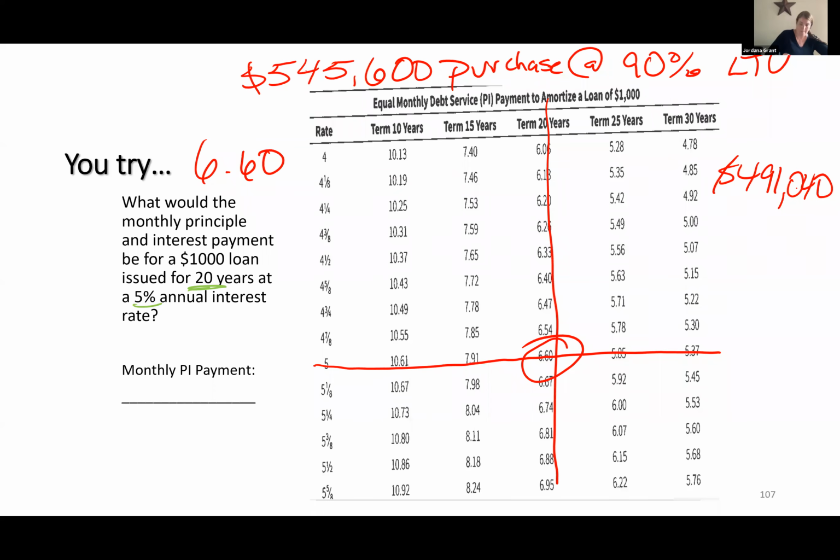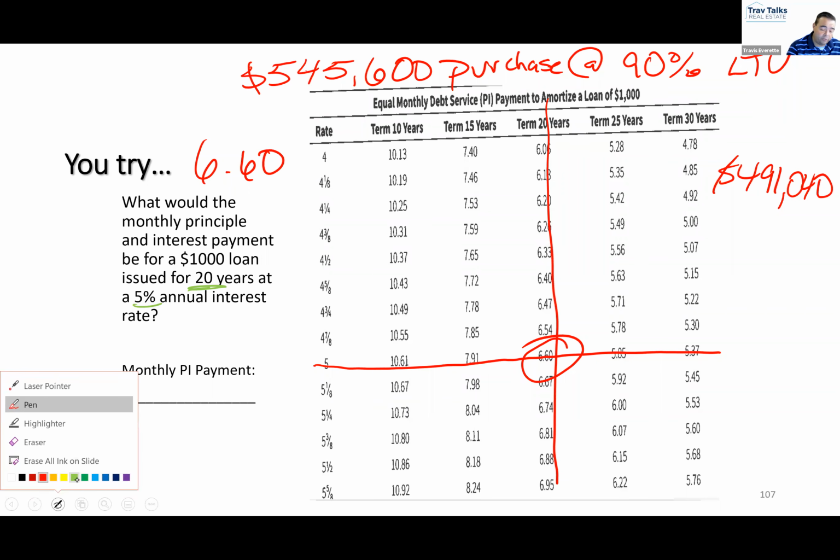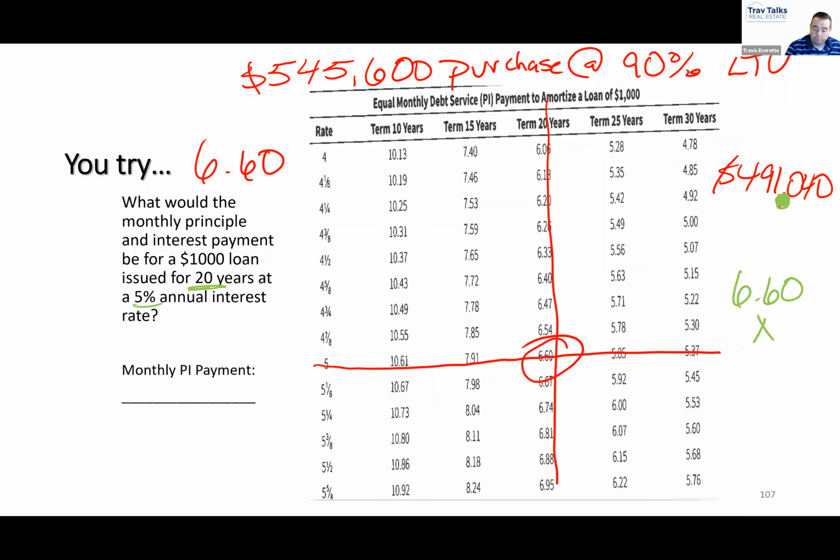And this is where my little trick of just changing the comma into a decimal is so helpful, because isn't it real easy just to go 6.60 times 491.040? And when you do that, what do you come up with for your payment?